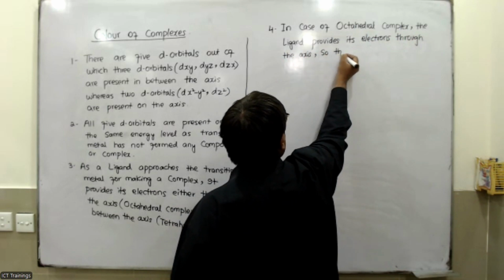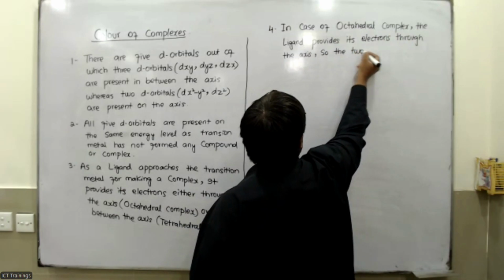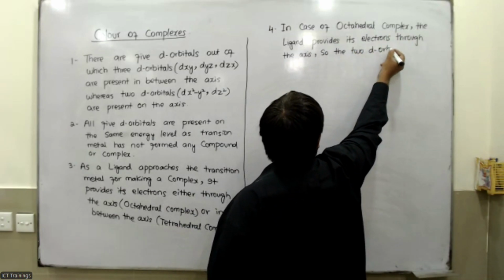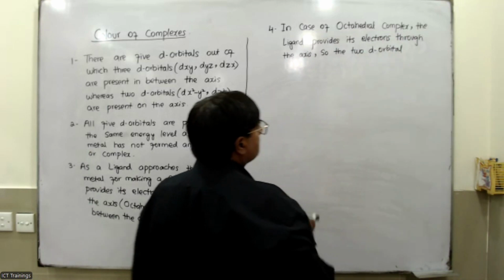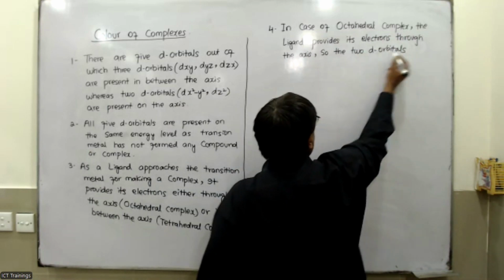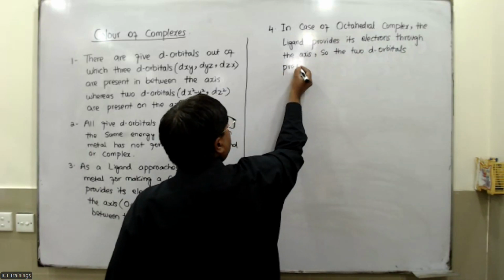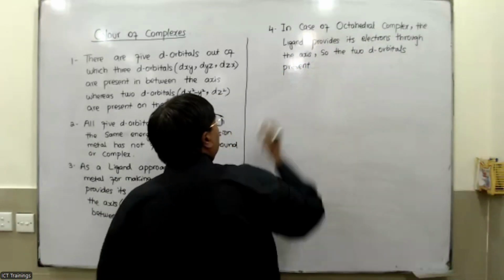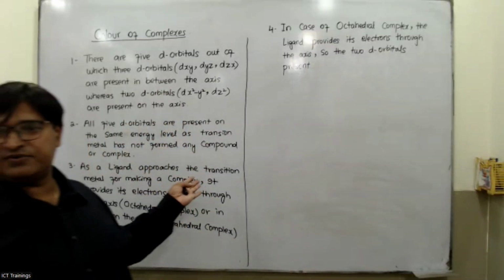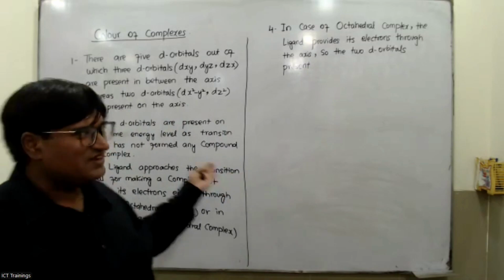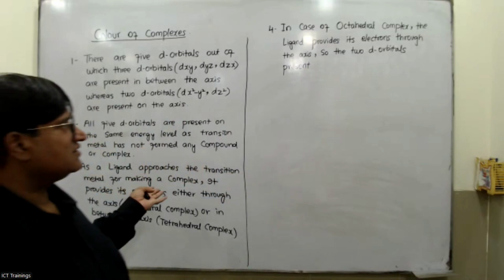So the two d orbitals are present. This is the last time thing we have done. I'm just writing all the previous concepts we have done last time, so there is nothing new. So keep remember that.